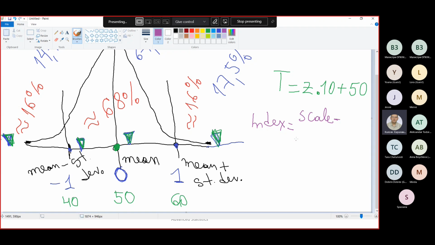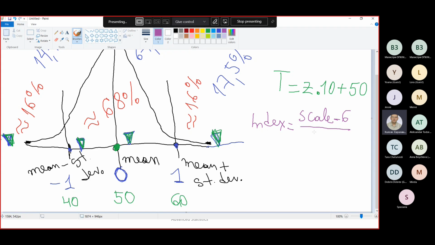In our case, the theoretical minimum of this scale of optimism is 6, divided by the difference between theoretical maximum and theoretical minimum.